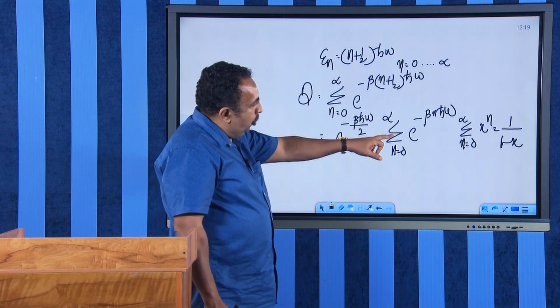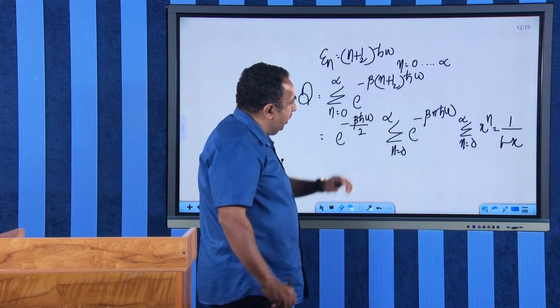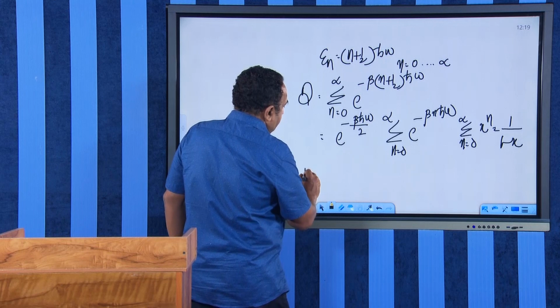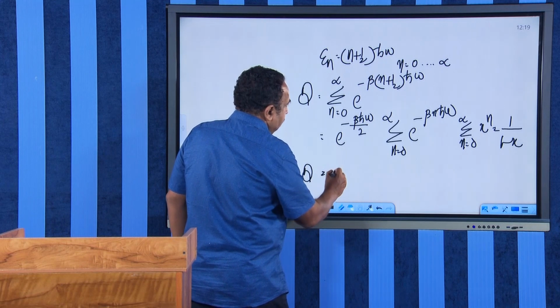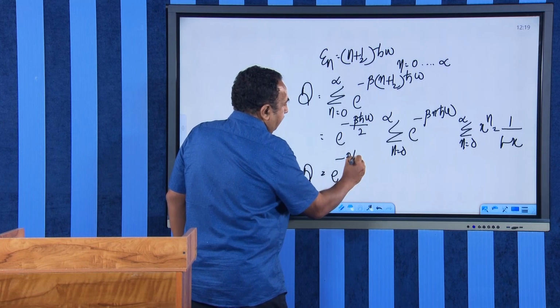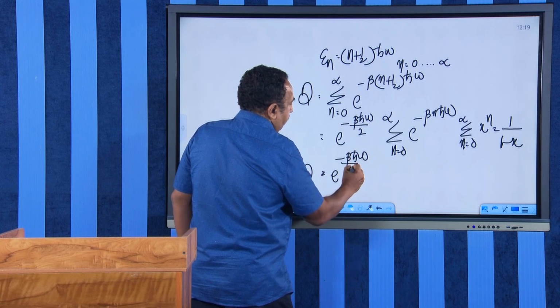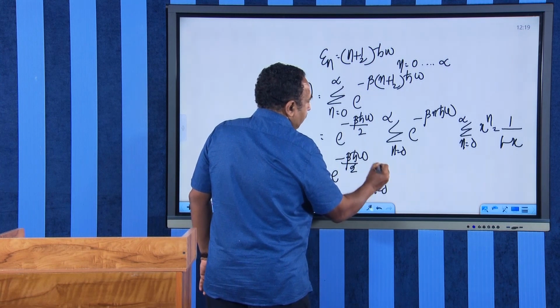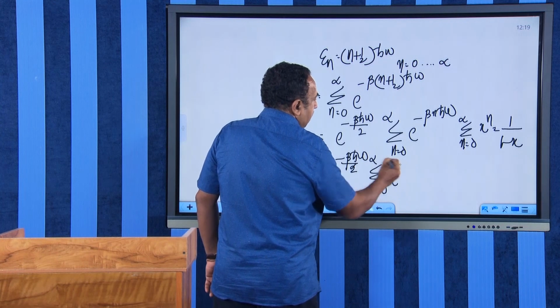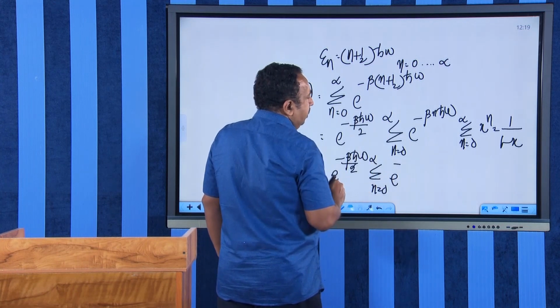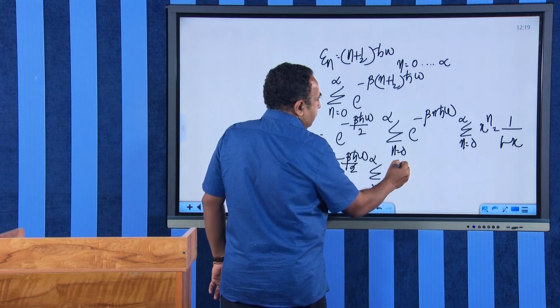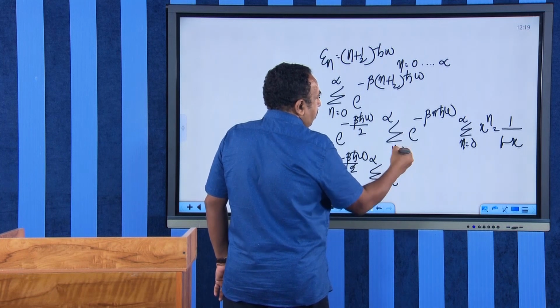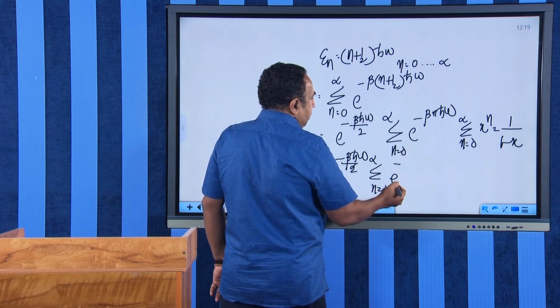Therefore, to use that equation, I have to rewrite this expression. My partition function I can rewrite as e raised to minus beta h cut omega divided by 2, sum over n equal to 0 to infinity. Use the power of exponential: e raised to xy, you can write as (e raised to x) whole raised to y.